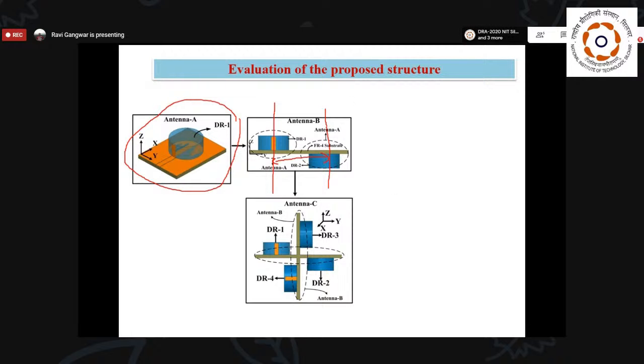Clear? In that manner, I have placed them back-to-back, but we create some separation between these 2 antennas.